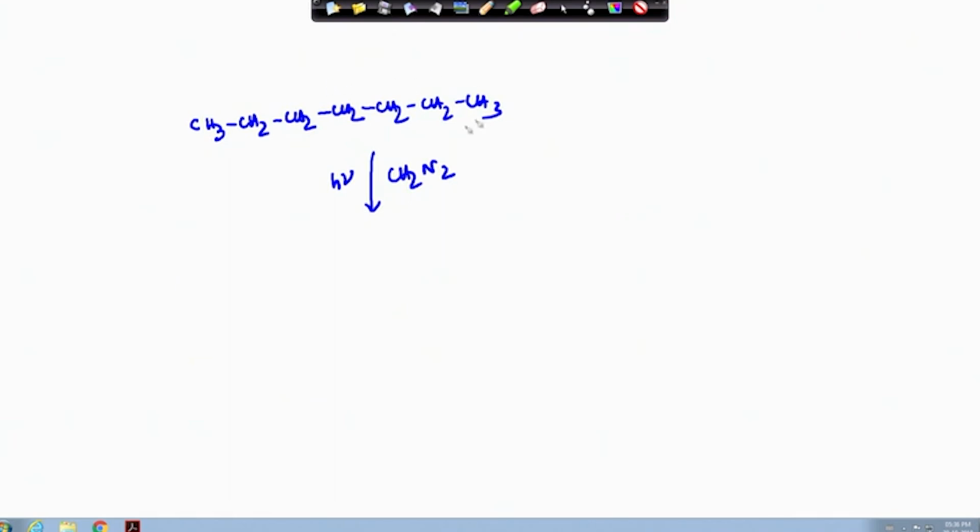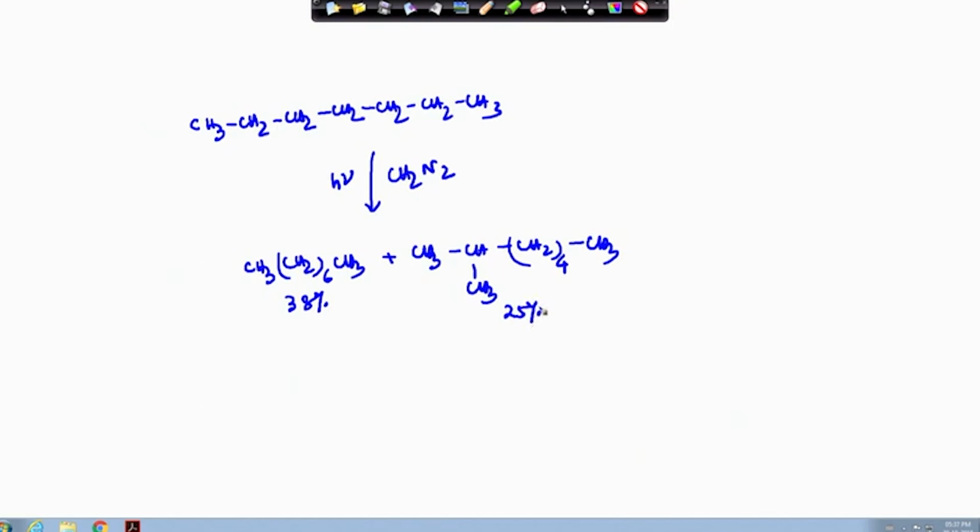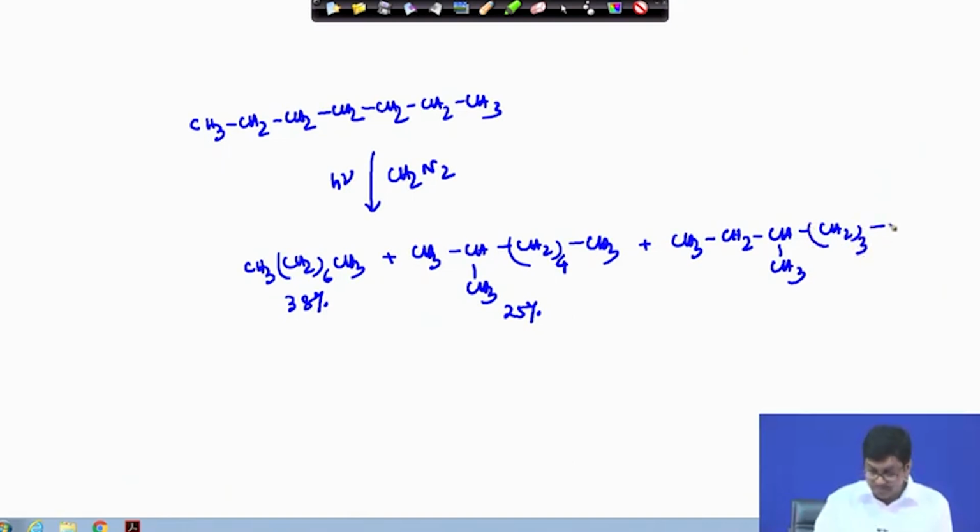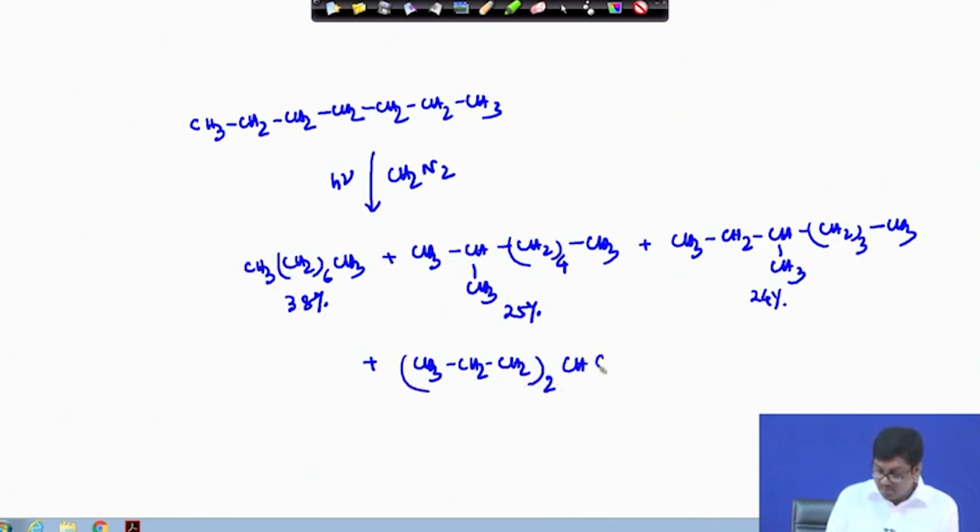You will see that at various positions of this heptane the CH2 carbene has been inserted, and overall this one is 38%, whereas this one will give 25%, and another isomer is 24%. So, this will also form a certain amount.